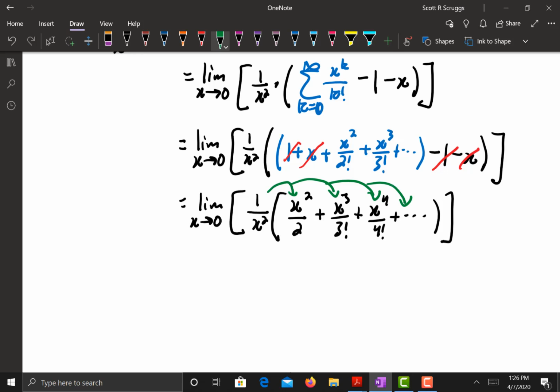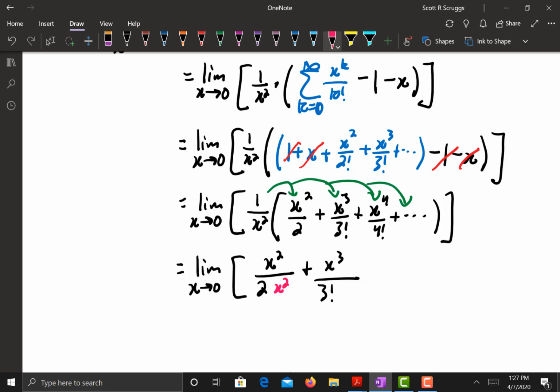And when I do that, I get the limit as x goes to 0 of x squared in the numerator over 2 times another x squared in the denominator, plus x cubed over 3 factorial times x squared, plus x to the 4th divided by 4 factorial times x squared, and so on.